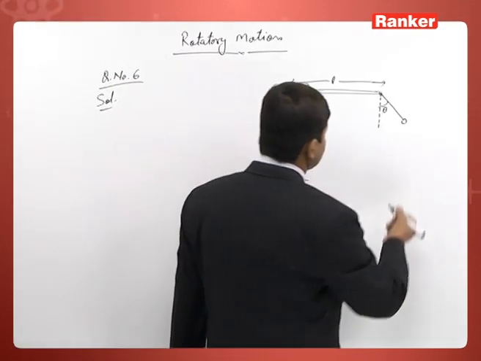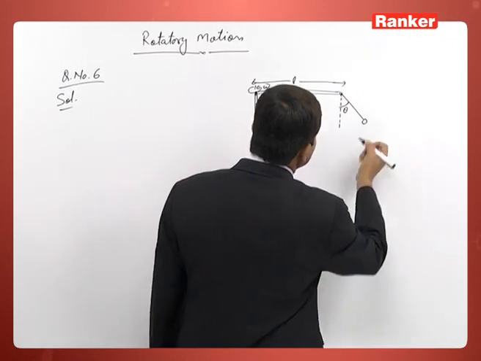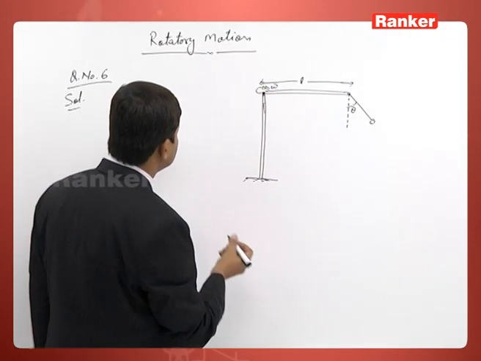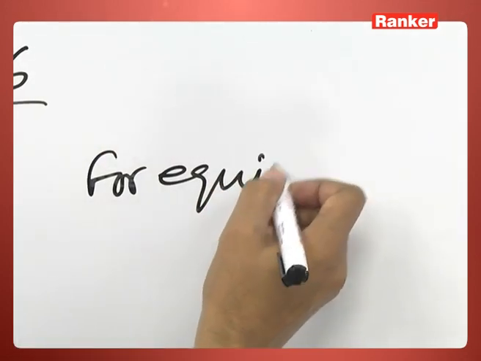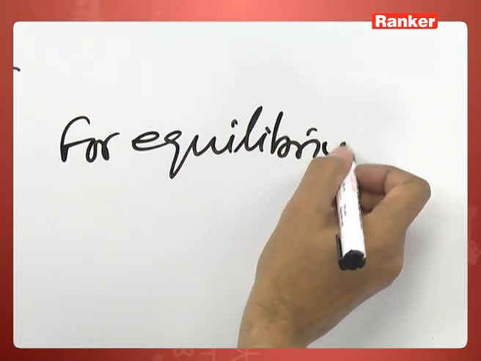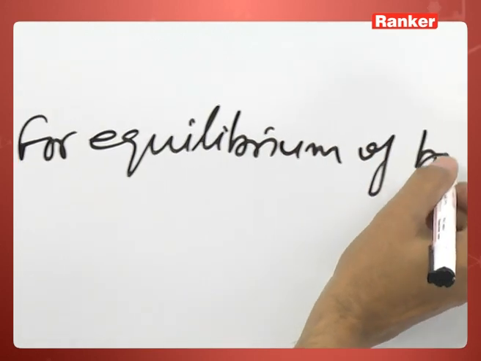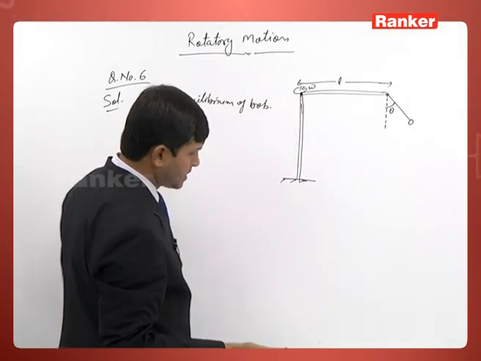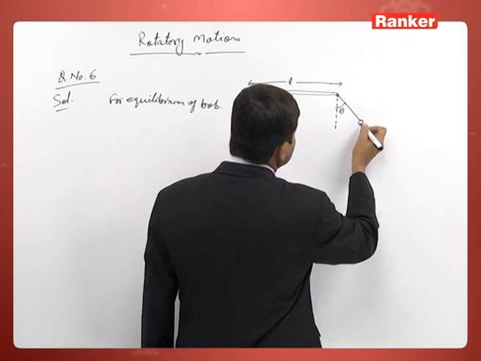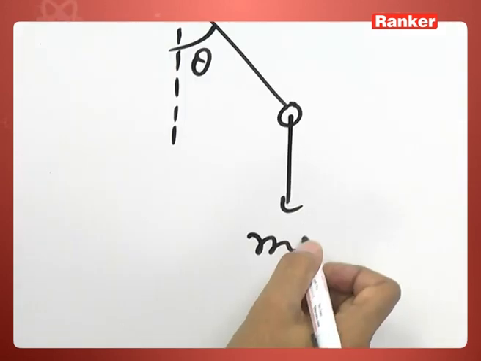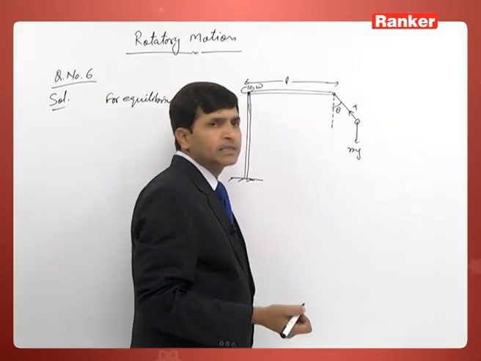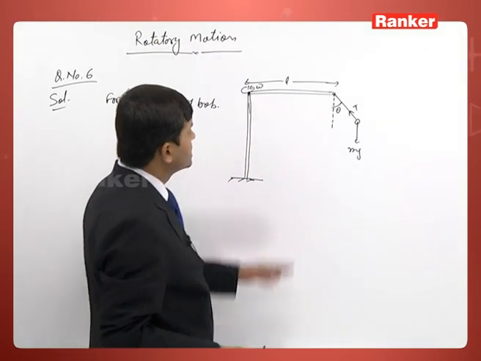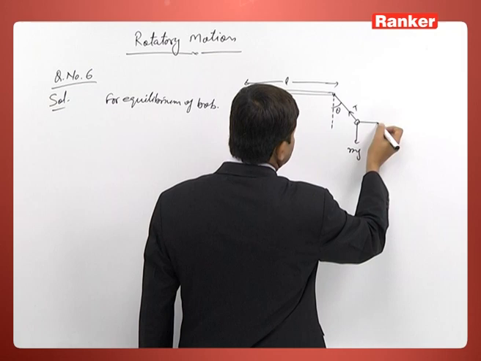See, for equilibrium of the bob, one force is your mg, another force is your tension, and the third force is the pseudo force.